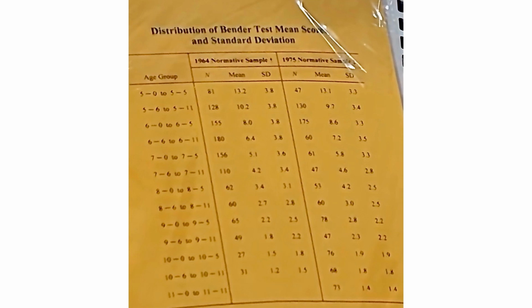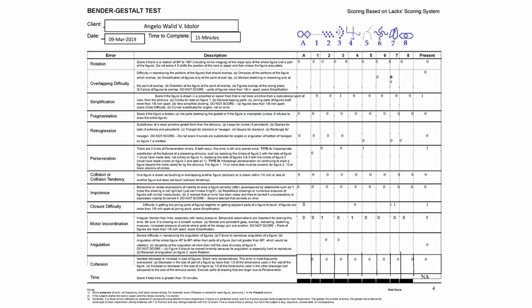The second method is the lax scoring system. Here we will get a sheet like this, and as we can see, it is A, 1, 2, 3, 4, 5, 6, 7, 8. Here you will rate it either as 1 or as 0, and the 12 errors that the patient can make are over here along with the time element. For the time element we usually take 5 minutes as a cutoff. You will give either a 0 or a 1, or you can leave it blank also.